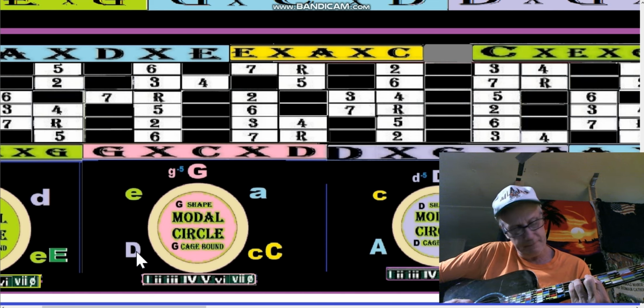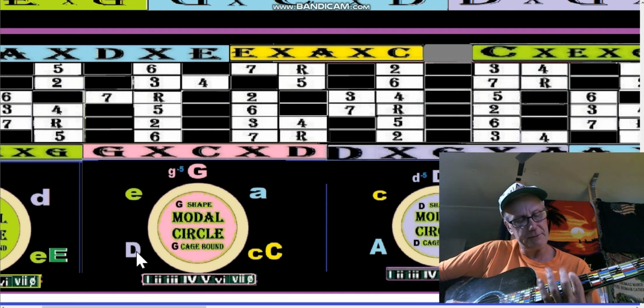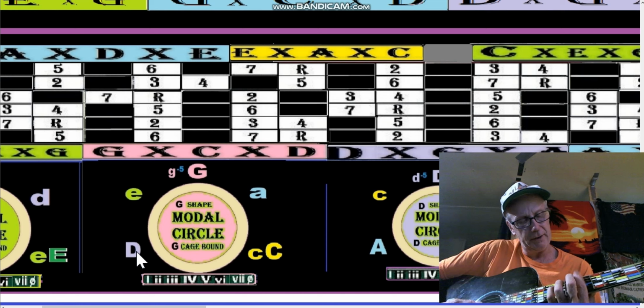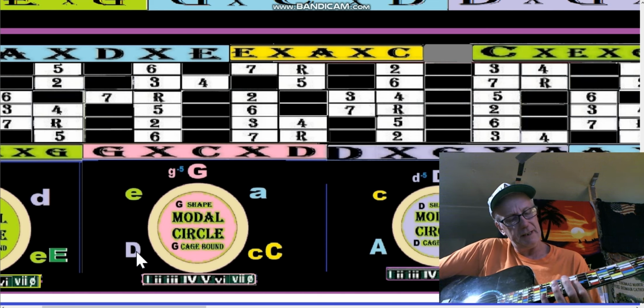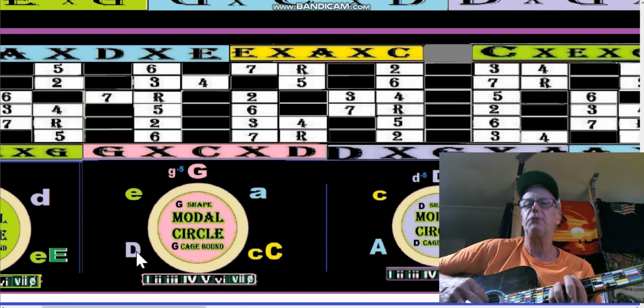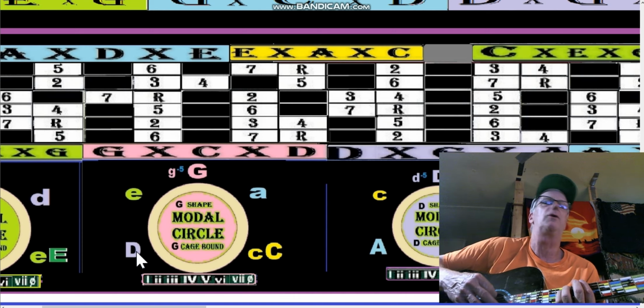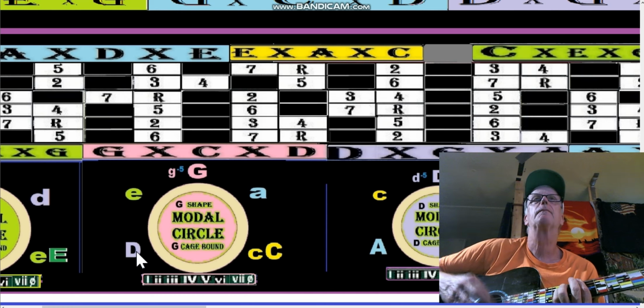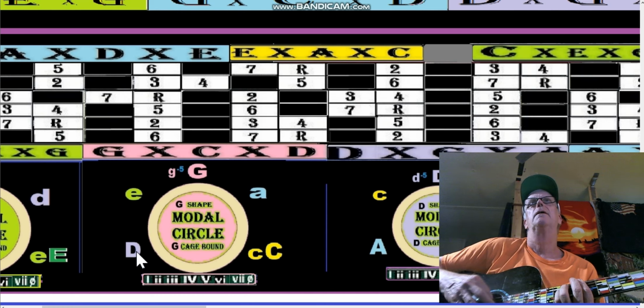See how we've got. Okay, so when I'm just barring it with my finger, you see how I'm kind of dampening that 3rd string? That's why it sounds good. So if you're doing power chords, you can always go. And then we would do what?